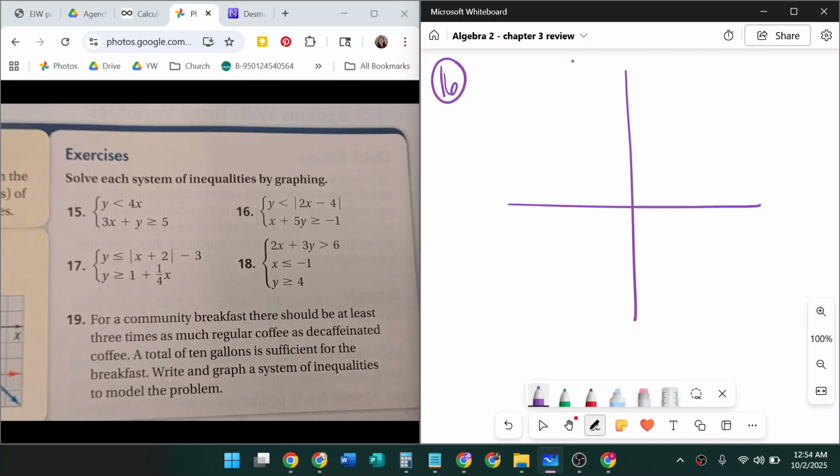All right, so this one is just a form of y. It's sort of like this, which we know looks like this, but we've changed, and instead of having an equals here, we have this. We'll have to analyze it, and then instead of having it be just x, it's 2x minus 4.